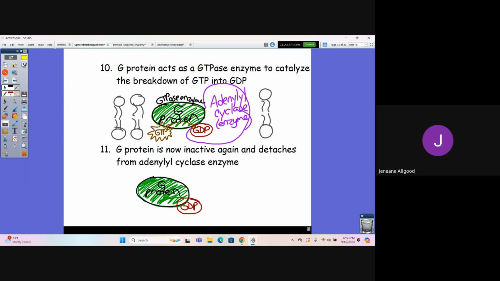That's kind of a crappy analogy, but you do what you have to do to remember the steps of this pathway. Okay, so the G protein has detached from adenylyl cyclase. So adenylyl cyclase is no longer active.